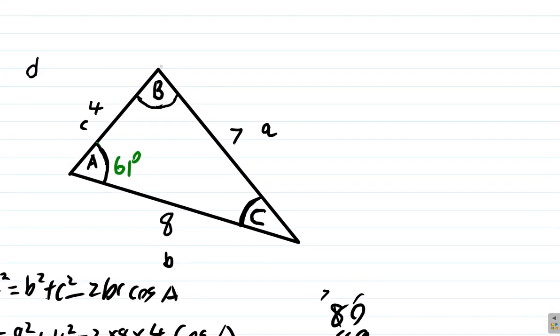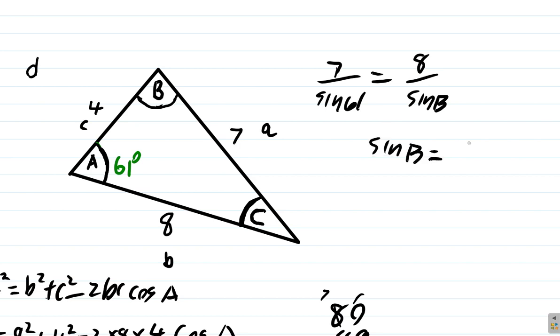We could use the sine rule now, if we want, right? Because we have one angle. What we could say is 7 over sine 61 equals 8 over sine B. For the transpose, we're going to get sine B equals 8 times sine 61 over 7, right?